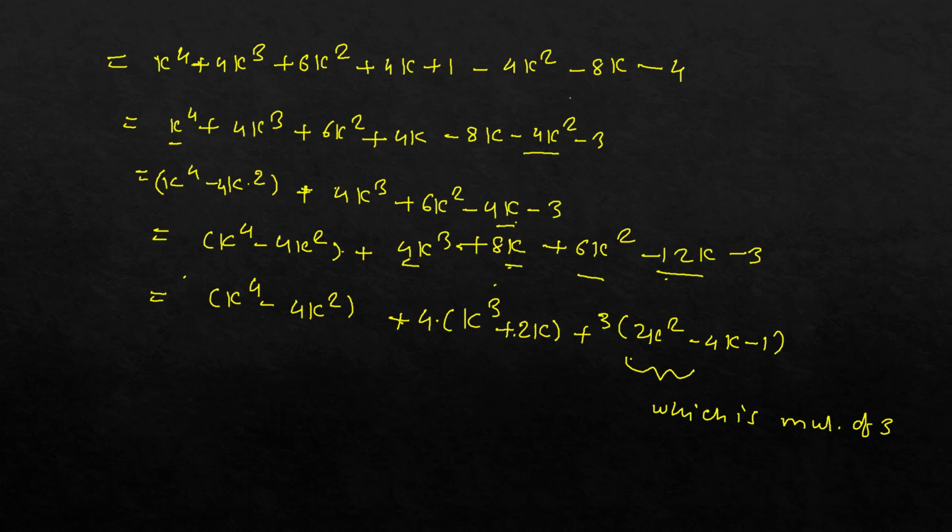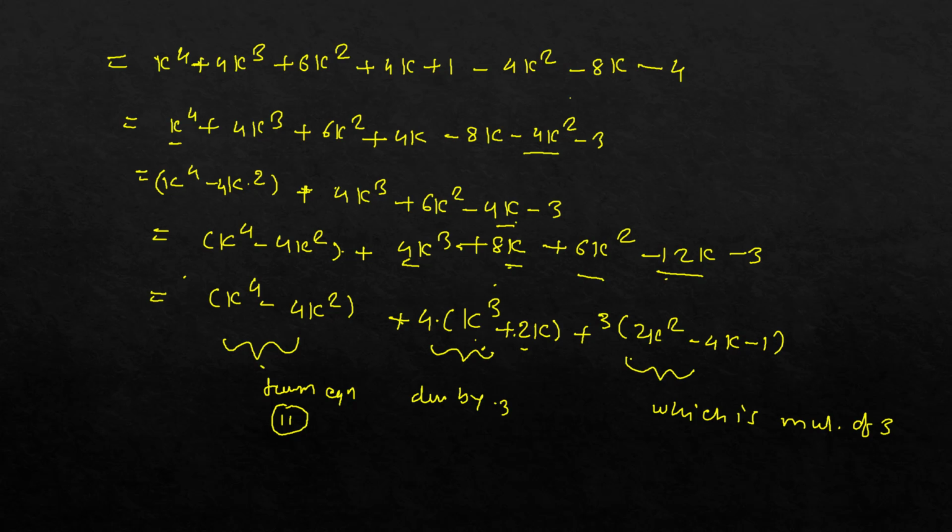Now that is nothing but the equation, which equation is that? From step number 2, means from equation 1. Now this is also divisible by 3, because if we put k is equal to 1, again we get 3.